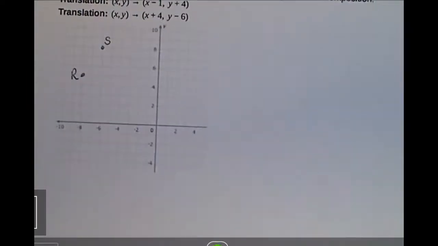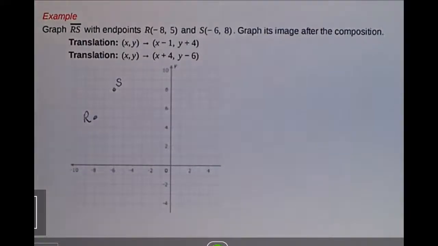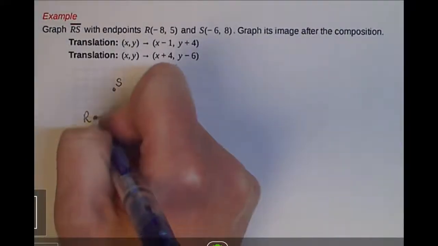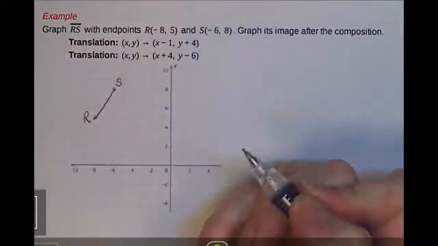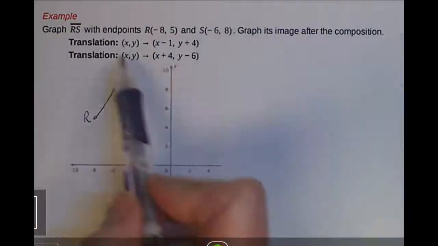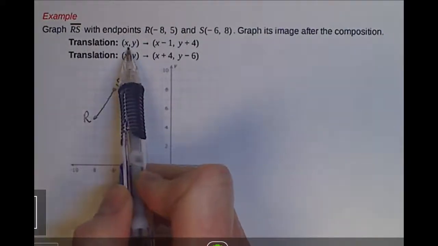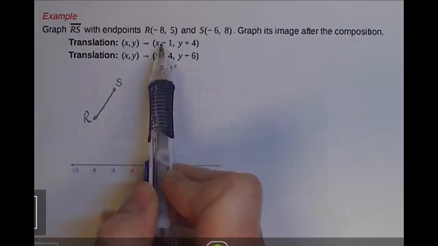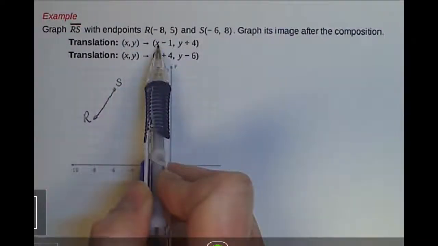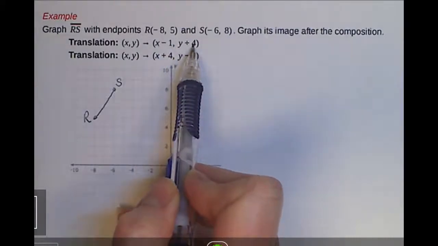For this first example, you are given a line segment, RS, and we are told to do two things to this line segment. First, follow this rule: take the original XY, and your new points are found by taking X and subtracting 1, and taking the Y value and adding 4.